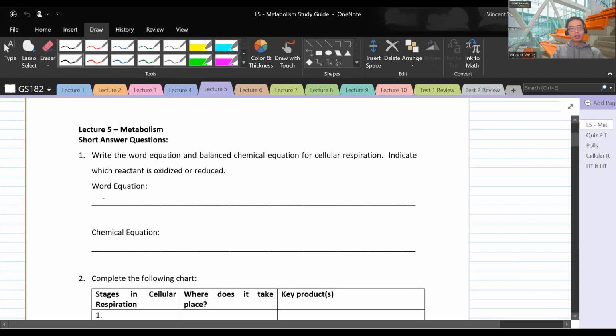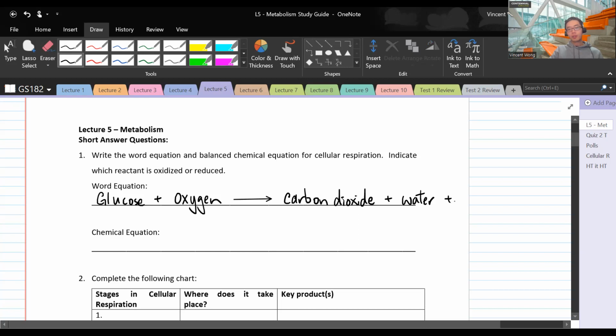We have glucose reacting with oxygen, and in the process, it becomes carbon dioxide and water. And of course, the whole point of this is to create some ATP.